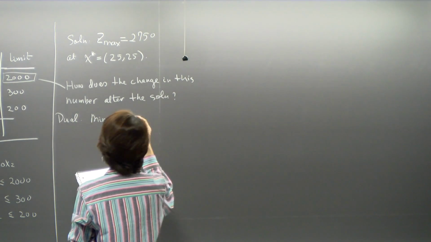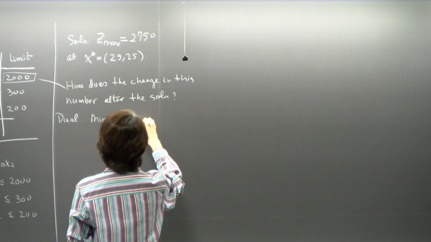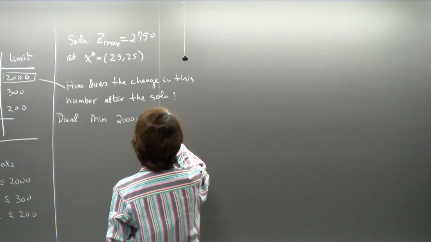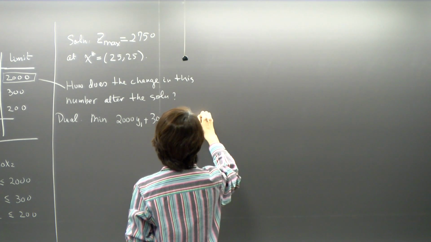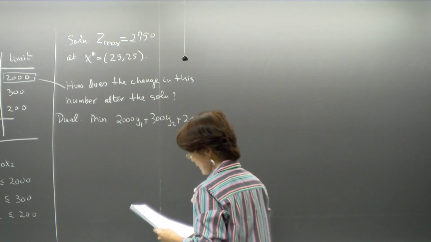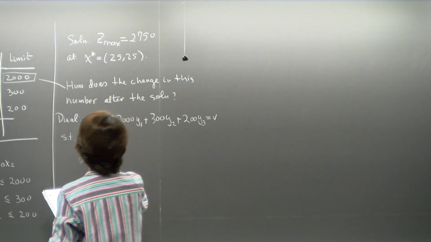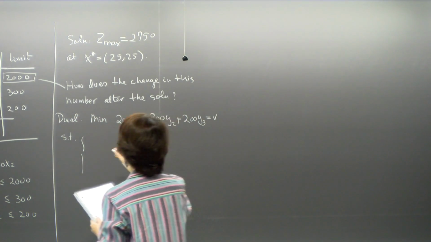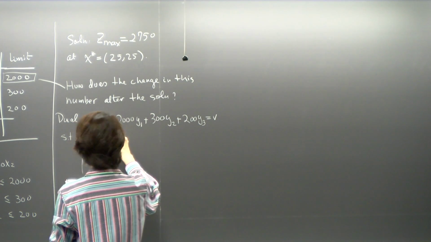I have to minimize 2000 y1 plus 300 y2 plus 200 y3. Let's call this v, and I have the constraint subject to whatever. So the constraint is unchanged. Let me copy. I really don't need to do this.